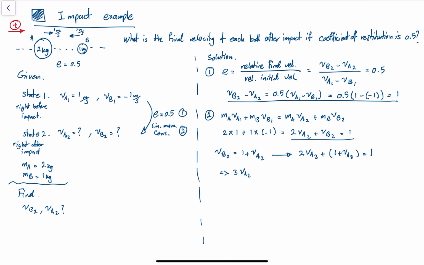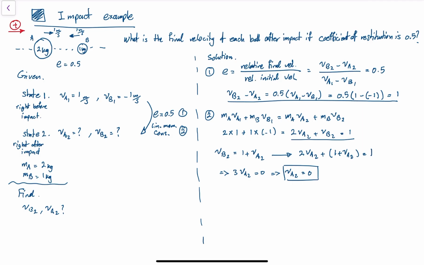Apparently 3VA2 equals 0. So I wasn't expecting this. Let me double check my calculations. Hopefully it is correct. So VA2 equals 0. Interesting. With the numbers I have chosen pseudo-randomly, apparently VA2 turns out to be 0. So after impact, A stops and B bounces back.